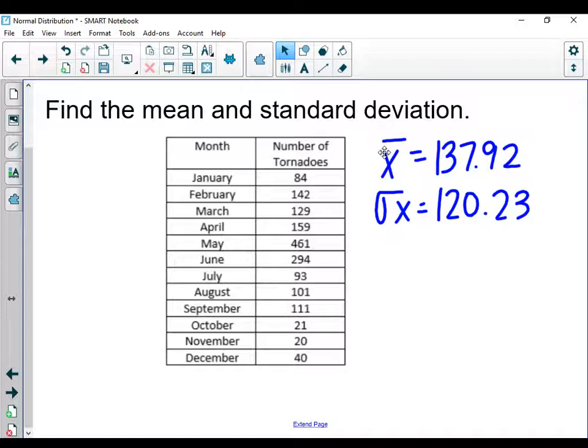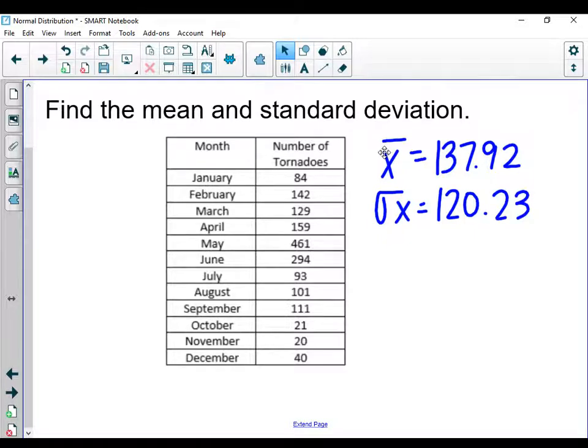Can't really have a negative tornado, okay? I don't know what that would be called. Okay, so again, this is not a good representation of the data, but what I'm trying to show you here is that for the normal distribution curve, we just need to be able to know how to find the mean and the standard deviation. More times than not, they give it to you.